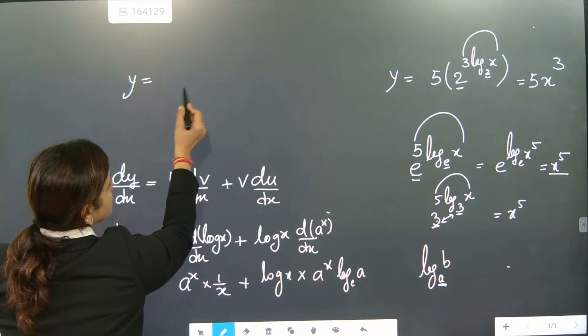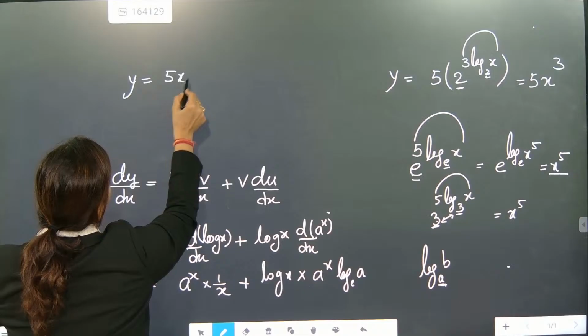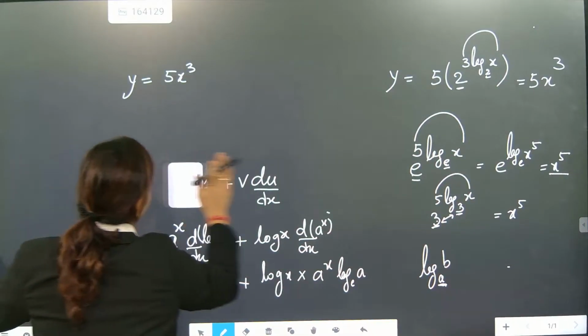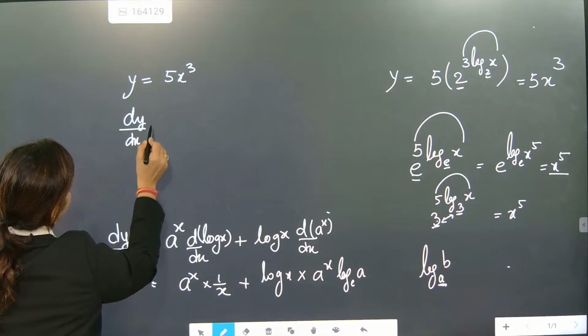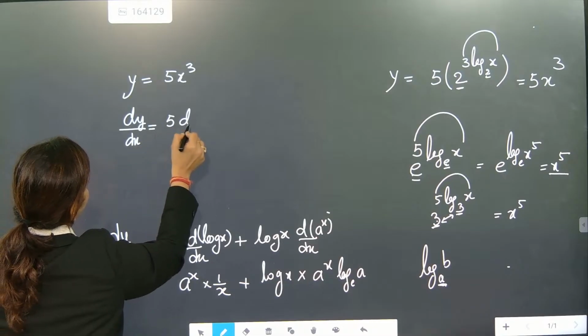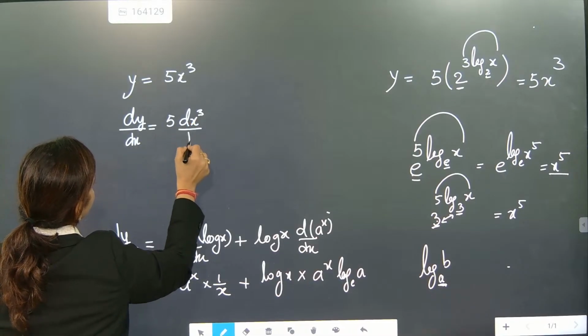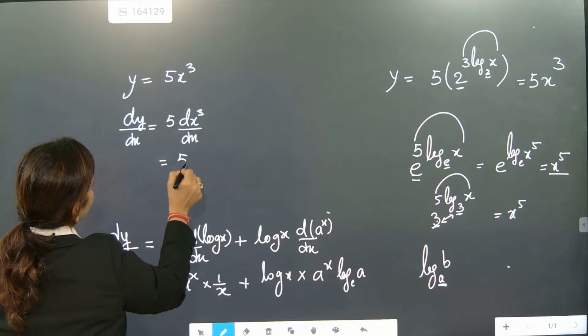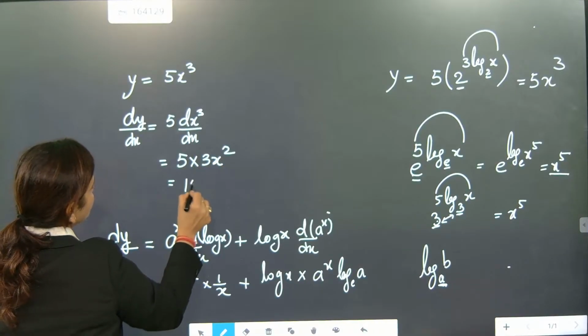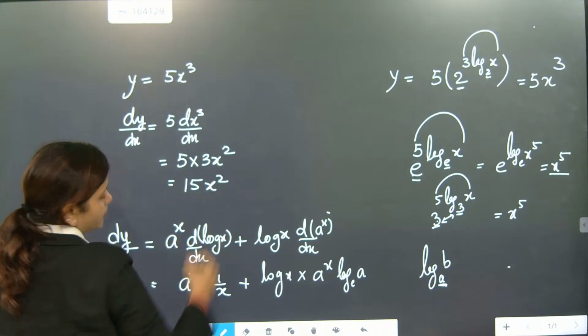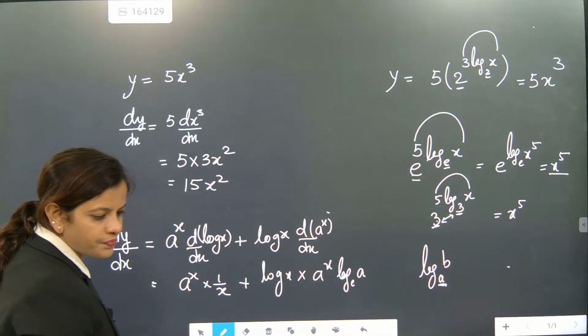It will become y is equal to 5x to the power 3. It will come dy by dx is equal to 5 x to the power 3 dx. So it will become 5 into 3 x square. Answer will become 15 x square. Understood, beta?